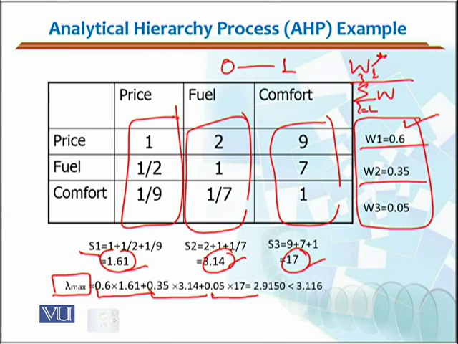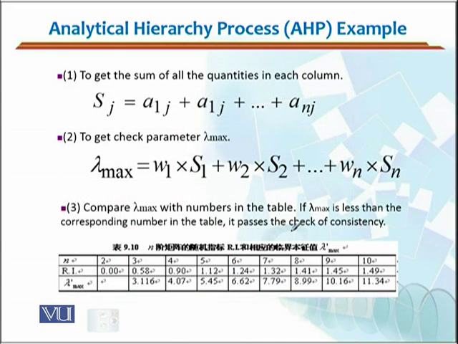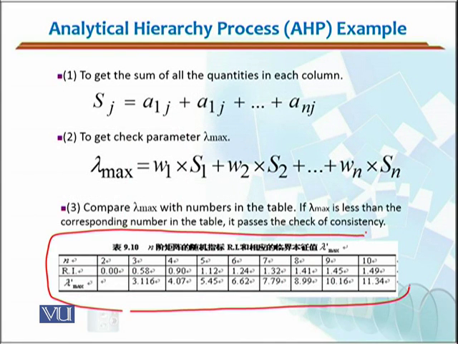Now, where does this value come from? This value actually comes from this table. If you see this table, this is for lambda max, and these are the criteria which are given on the topmost row. We have three criteria in our example.